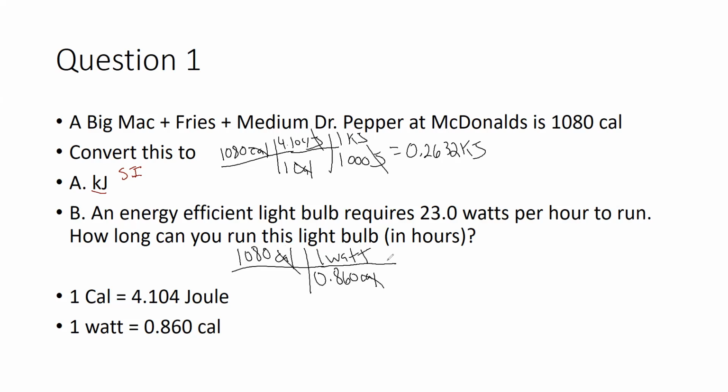What might have thrown you off though is how we get from a watt to time. And that's where our conversion of our light bulb comes in. So our light bulb is 23 watts for every hour. And right now, my unit is watt, and I want to be in hours. Here's our conversion factor.